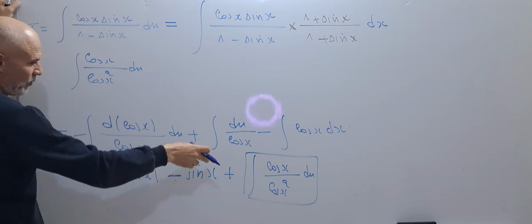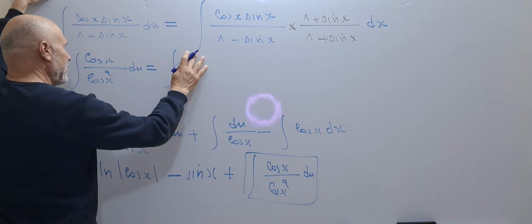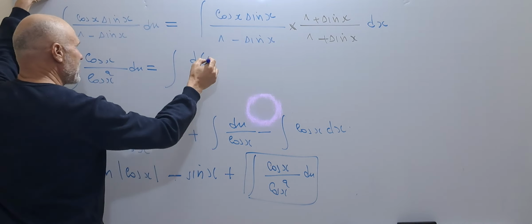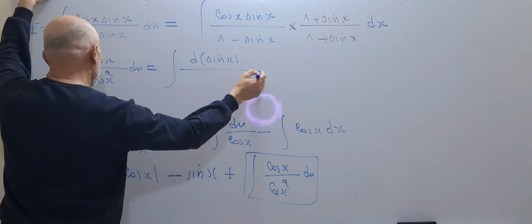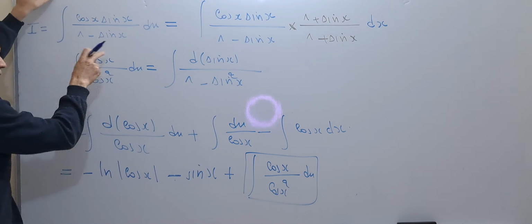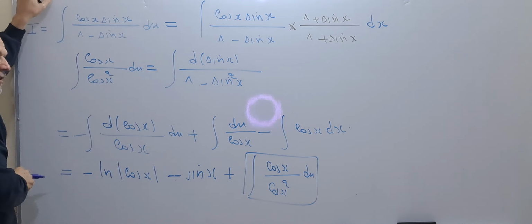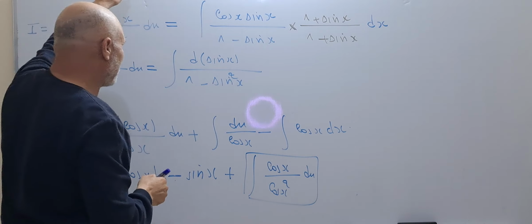There are many ways to solve one over cosine x. This can be written as d sine x over 1 minus sine x square. You understand the derivative of sine is cosine, and cosine x square is equal to 1 minus sine x square.